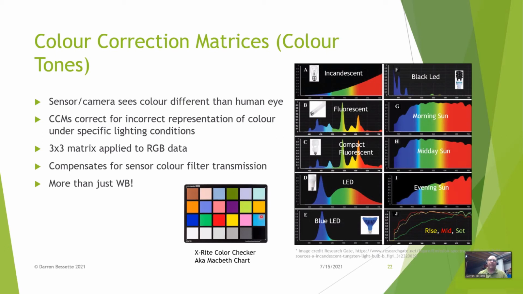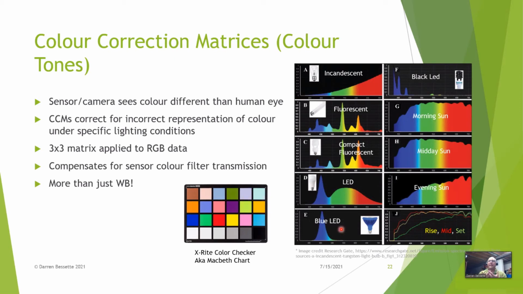So this is why they use these charts. They're very expensive, like several hundreds of dollars for a standard sheet of paper, but very powerful when it comes to ensuring the quality of the color being produced by the camera. So what they do is create individual matrices for this.